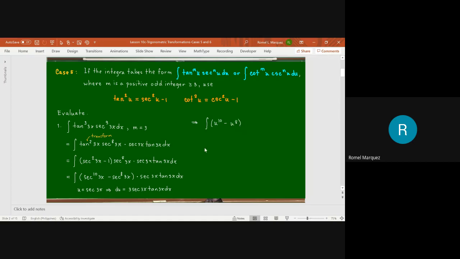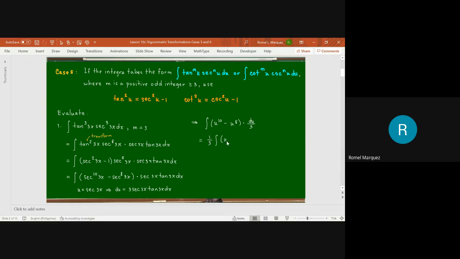You can use substitution if you want, so that you can clearly see that it is u to the n du. And what is now secant 3x tangent 3x dx, guys? It is du over 3. Am I right, guys? Yes, sir. So I don't need the 1/3. I can put it out and then integrate it term by term.